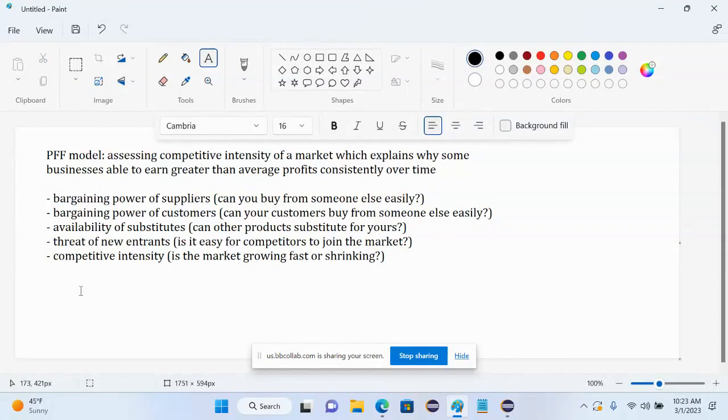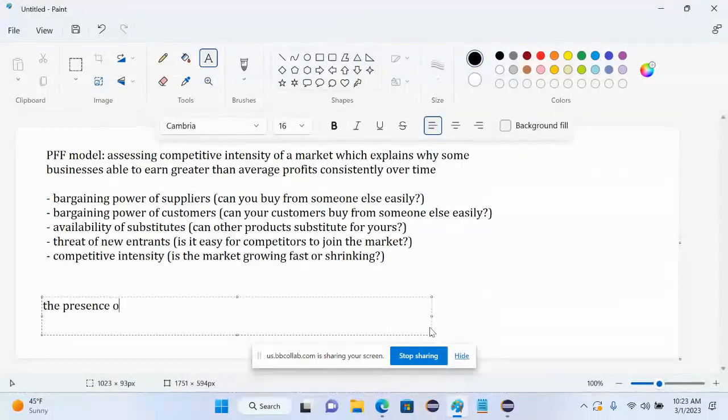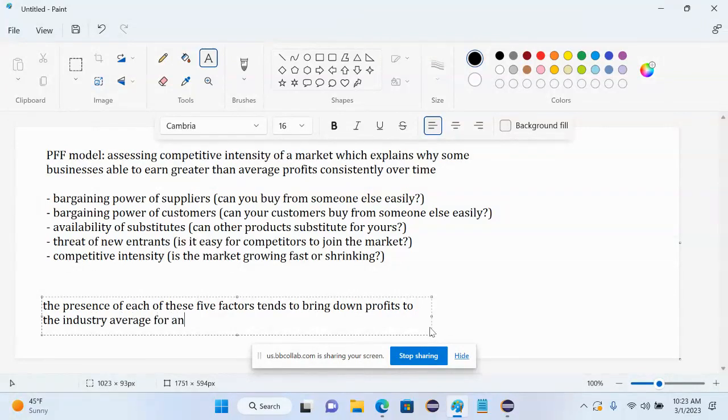And again, you can look at all those factors, but to the extent that any of these exist, the presence of each of these 5 factors tends to bring down profits to the industry average for any firm.